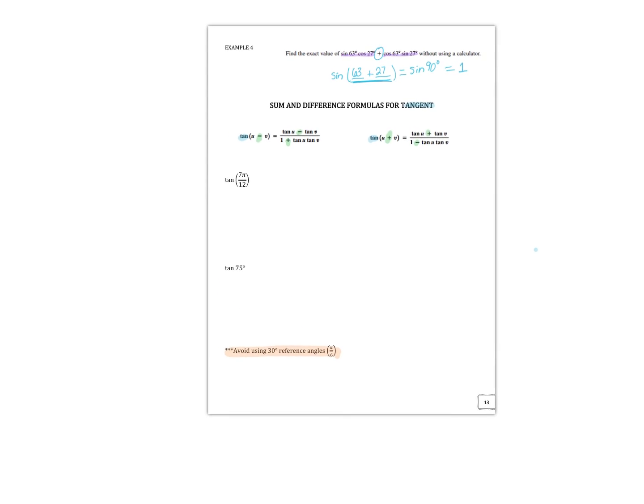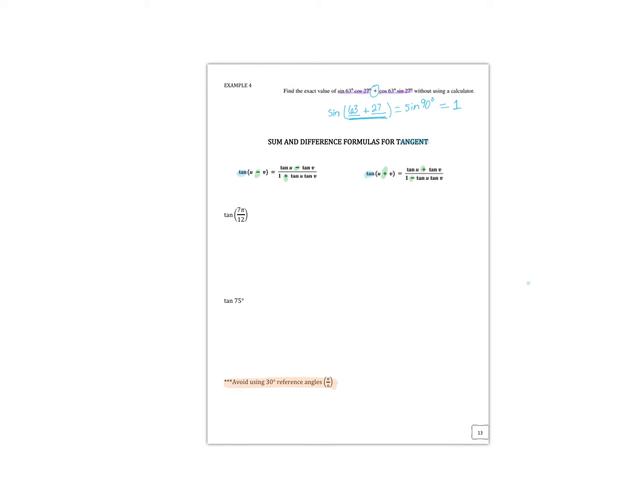Okay, if you notice, I've put a little note near the bottom here saying avoid using 30-degree reference angles or pi over 6 if you can. So that's going to be true for these tangent values. I'm going to show you an example, one that does not involve a 30-degree reference angle, so you can see the process.